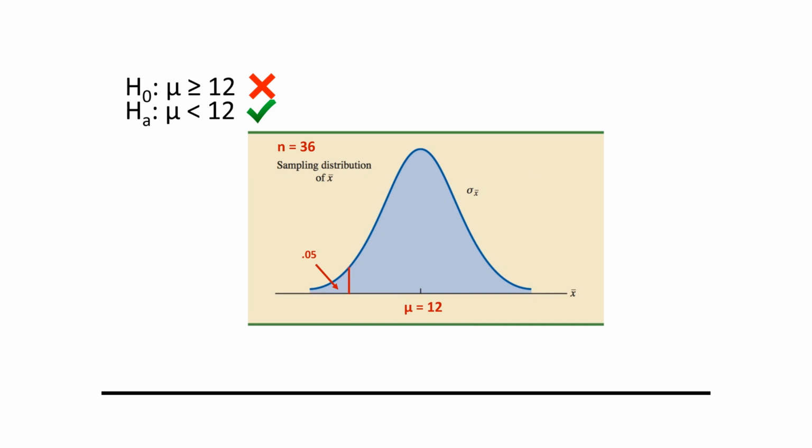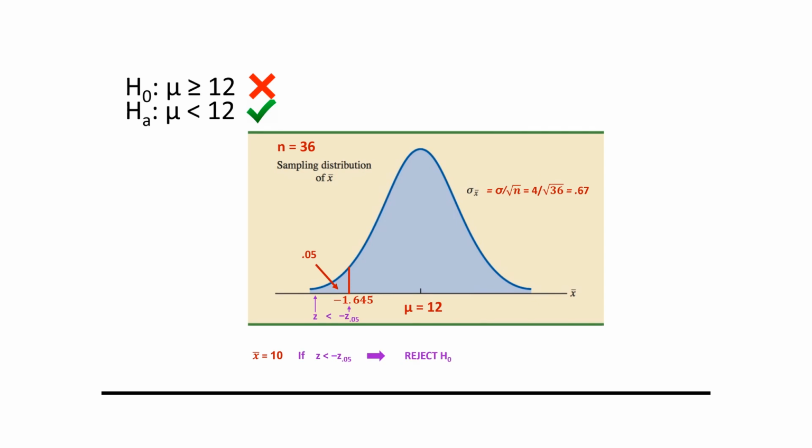Let's say we choose the level of significance to be 0.05. Our critical value is minus 1.645. Assuming we know the value of the population standard deviation sigma, we compute the standard error of the mean. Let's say we get a sample mean of 10. How far below 12 is 10 in units of standard error?